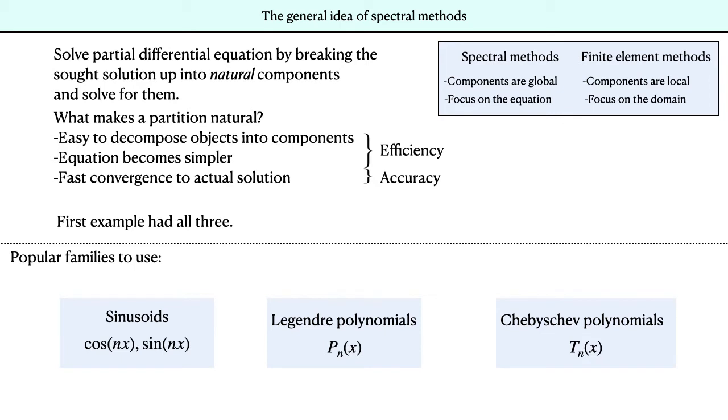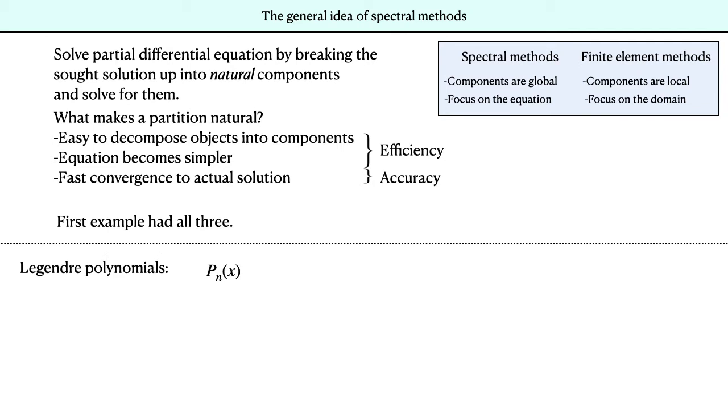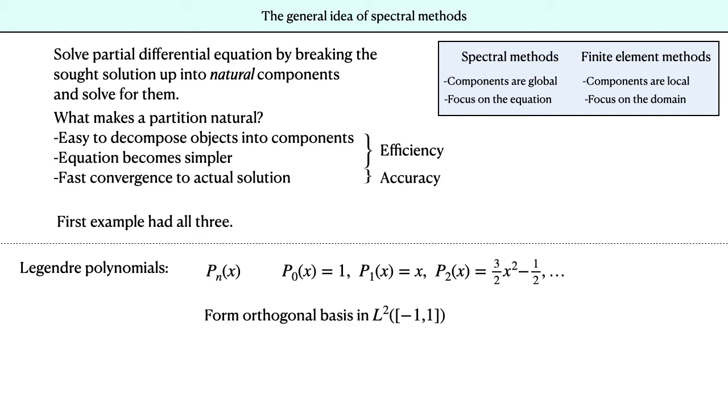I'll talk quickly about what these polynomials are. The Legendre polynomials are an infinite family of polynomials. It is, I think, one that most graduate students have met, because they form an orthogonal basis in the square integrable functions defined on the interval -1 to 1.